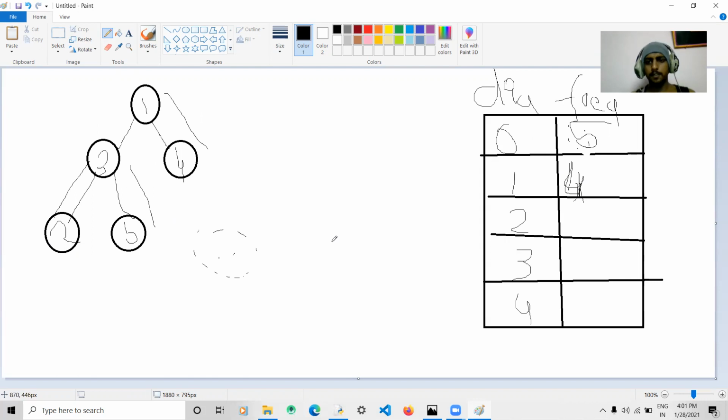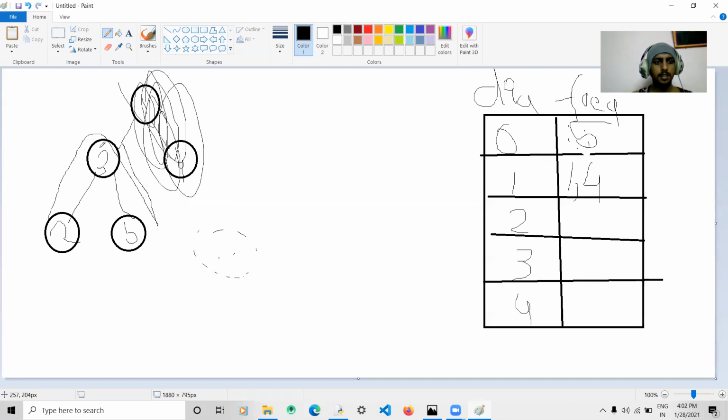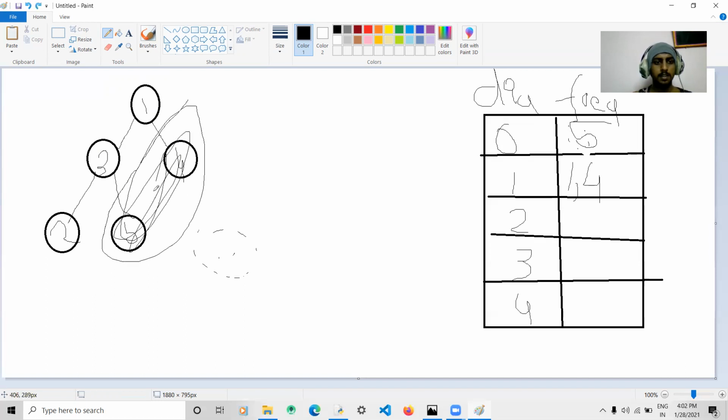Similarly, you can get 2 like this. Just delete this thing here, and in this tree you have a diameter of 2. So that is one subtree that has diameter of 2. Similarly, delete everything here and you get 2 again, and again here you get 2.